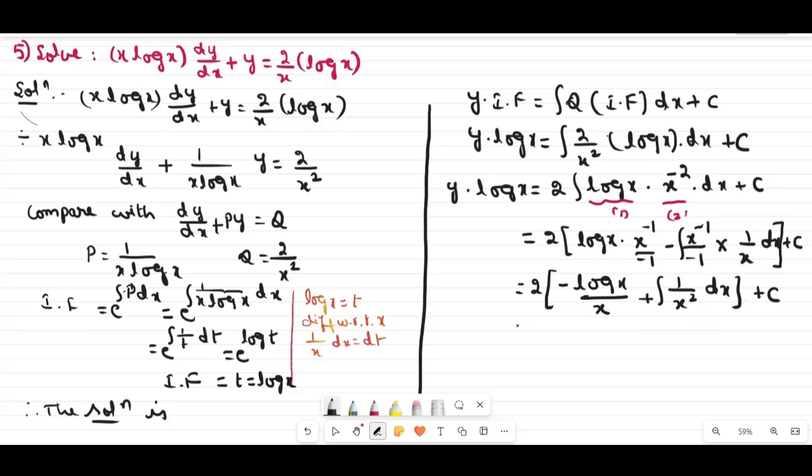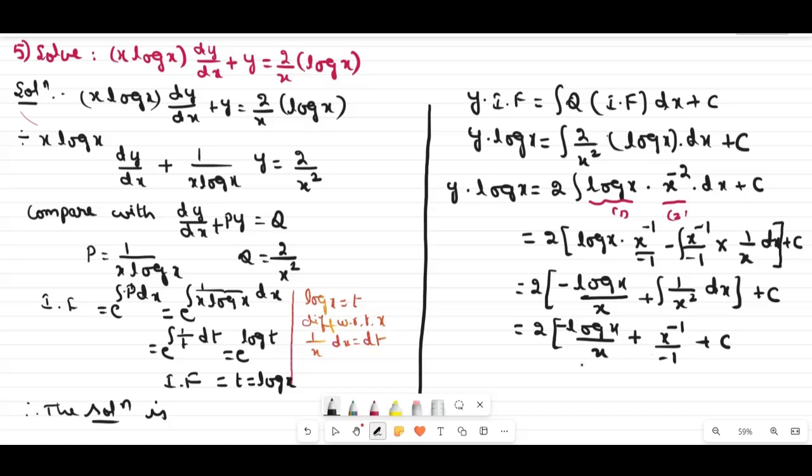So finally, if you integrate this, what will we get? Minus log x by x plus the integral of x power minus 2, whose integration is x power minus 1 by minus 1, plus c.